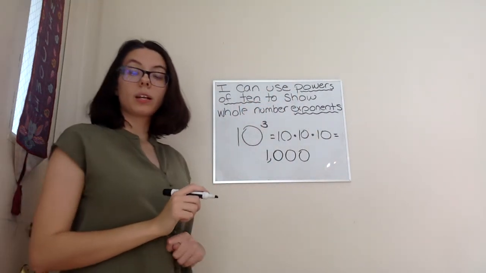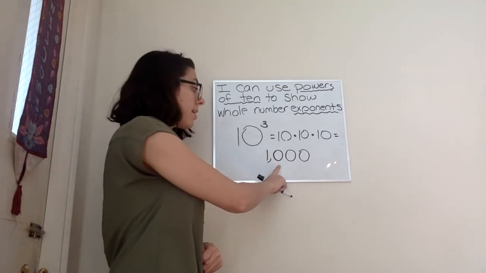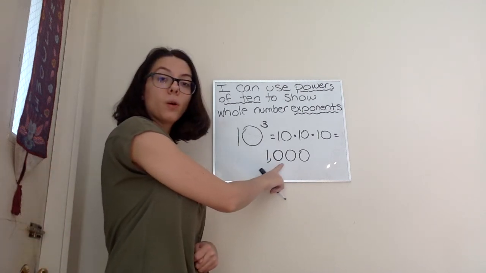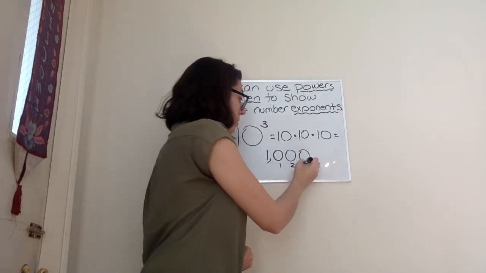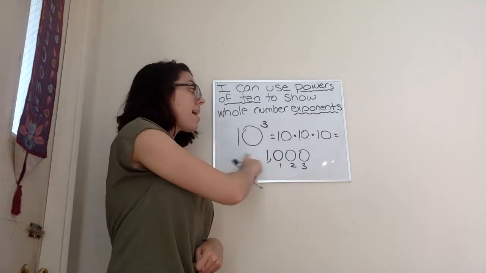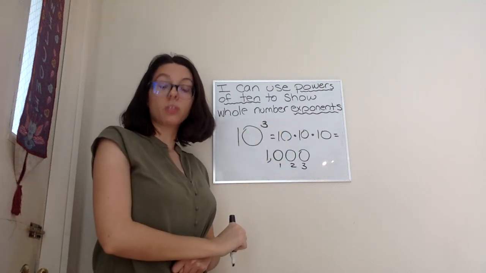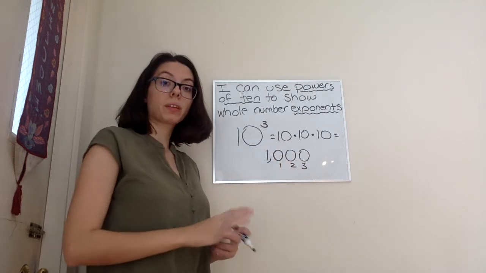Now, if we take a look here, again, this only works with powers of 10, but if we take a look at our answer, 1, 2, 3 zeros. We have 3 zeros when we have 10 to the third power.